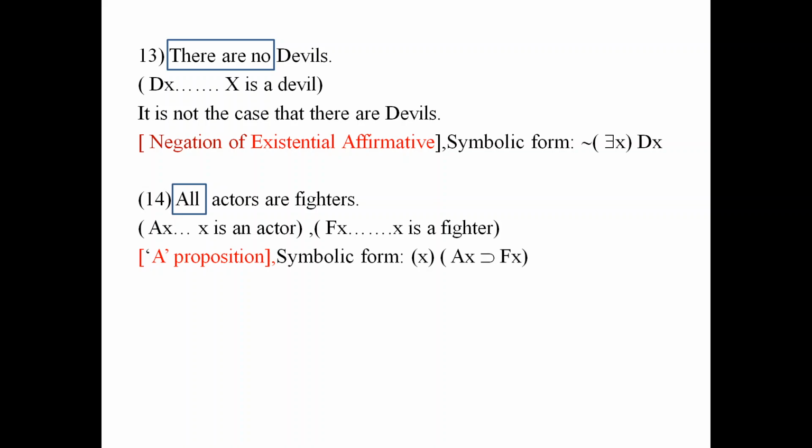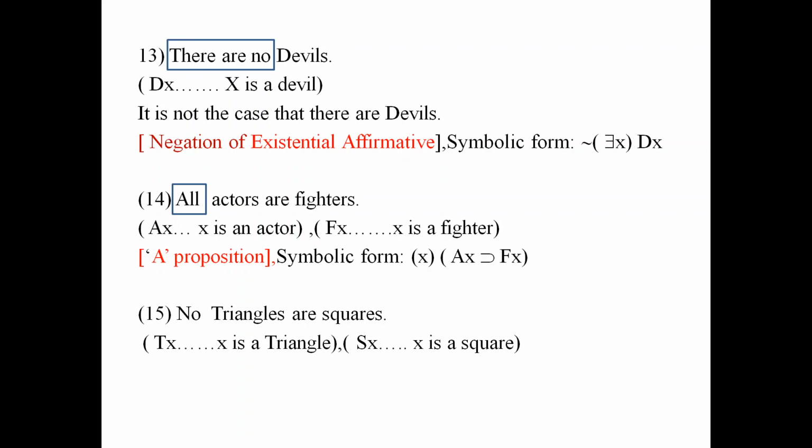You replace the first phi by the first predicate constant and the second psi by the second predicate constant. So the expression written will be universal quantifier Ax horseshoe Fx, and it will be read as given any x in the class, if x is an actor, then x is a fighter.